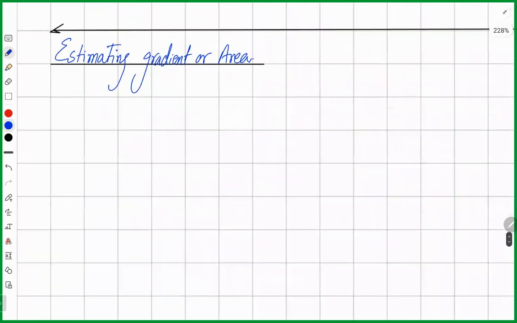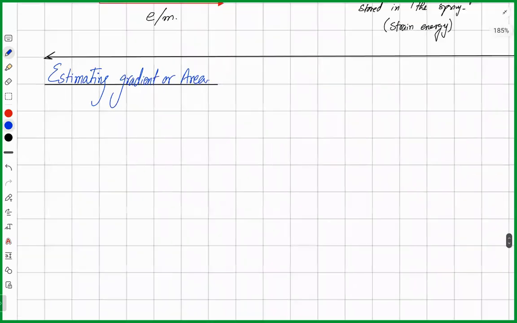So why would we estimate? Why do we need to estimate something?